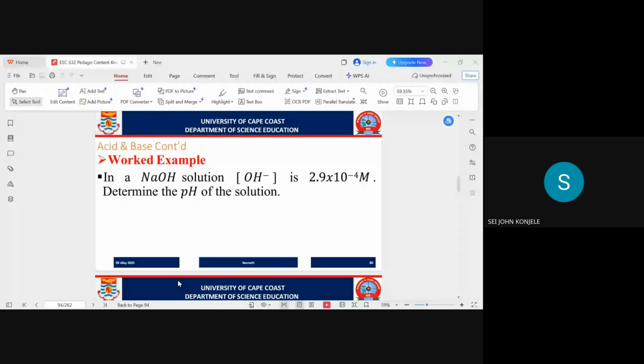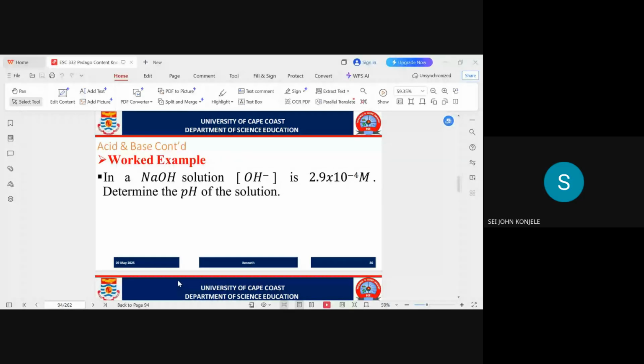So we know the concentration of the OH is 2.9 times 10 to the power negative 4. So when you factor in, the pOH will give us 3.5.